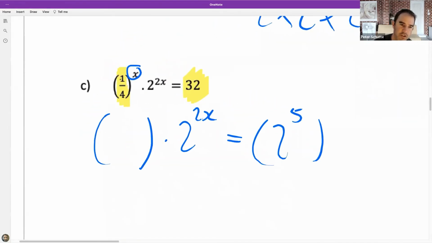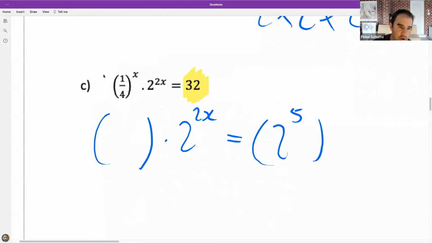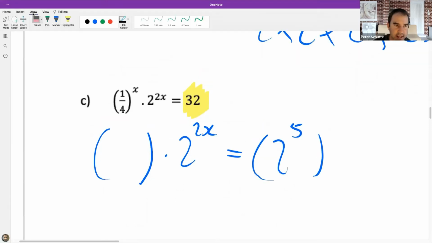I was thinking that if we multiply it by 4 over 1, then all raised to the power x. If the quarter was sitting here by itself with no x to attach to it, then I would agree with you. But the moment you have this x involved, it gets trickier to multiply each side.